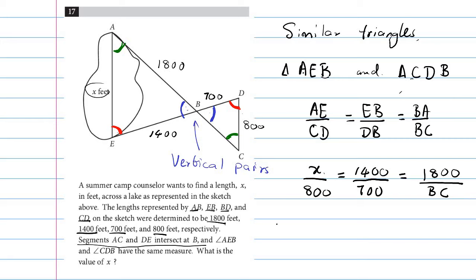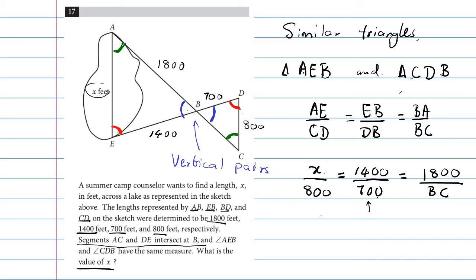Now we want to find x. At the end of the day, we need to find x. Look at these three proportions. This one contains x. This one has both the numerator and the denominator known, so that's a good thing.